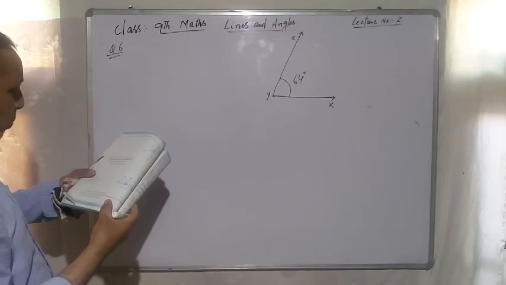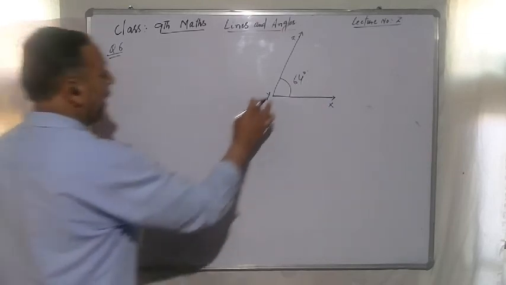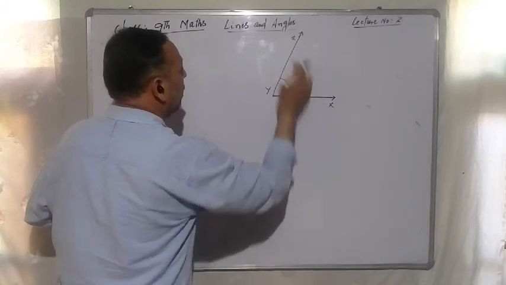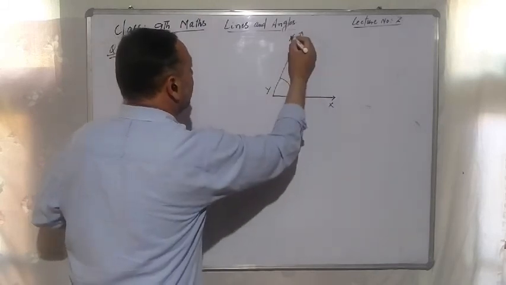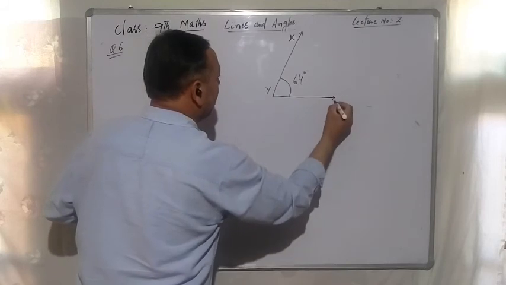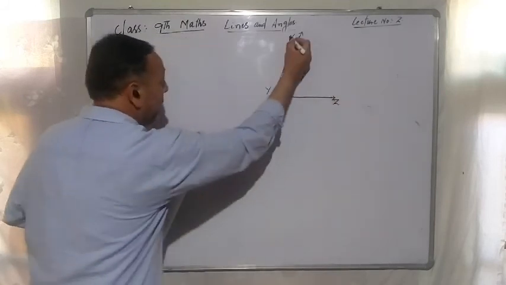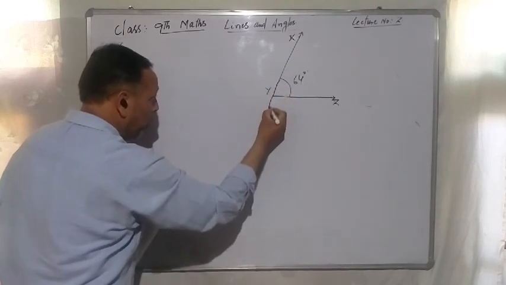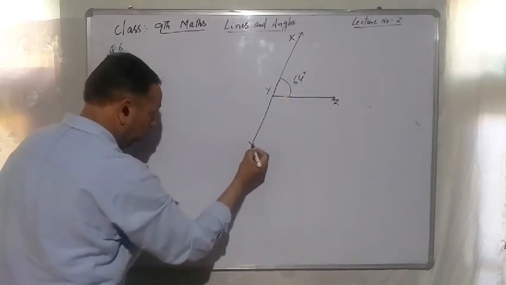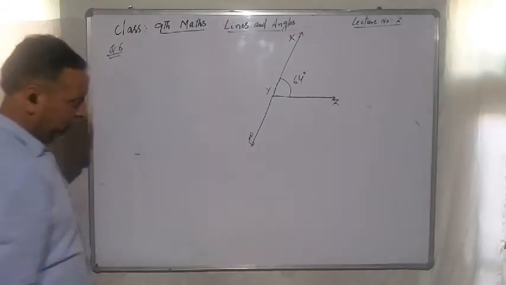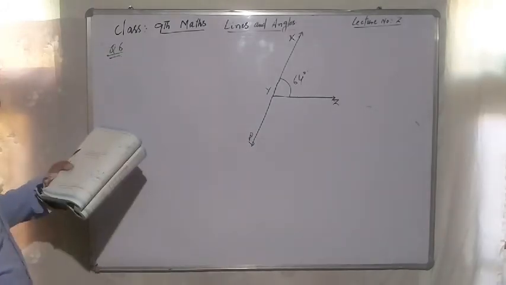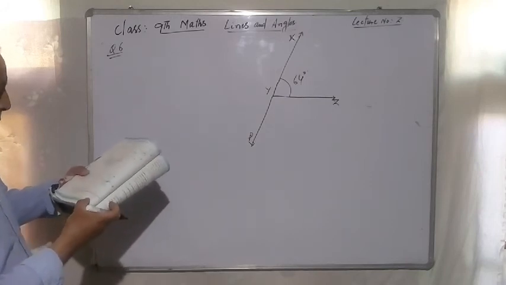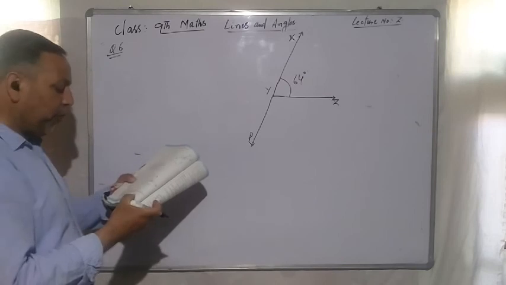And XY is produced to P. Let me write this as X and this as Z. This XY is produced to P. Draw the figure from the information given.